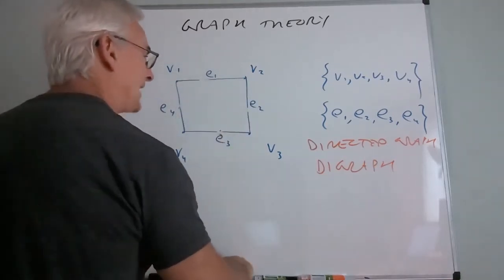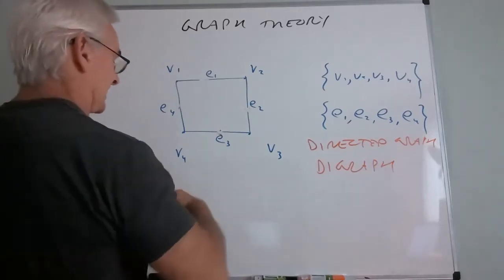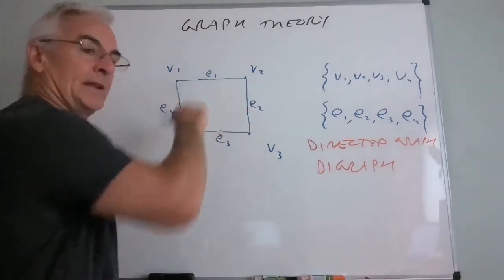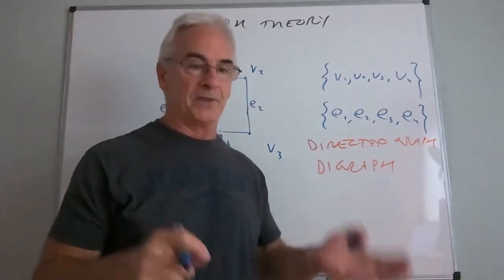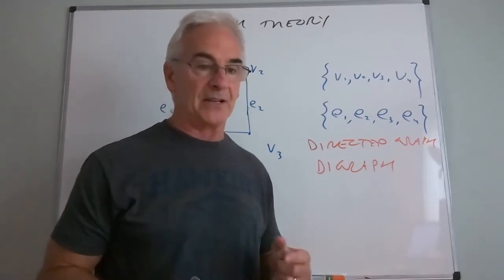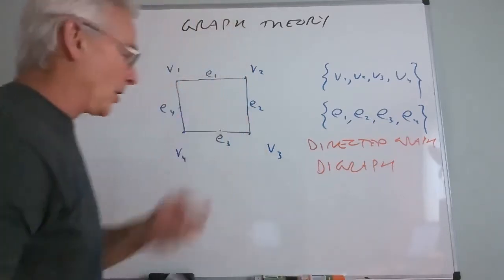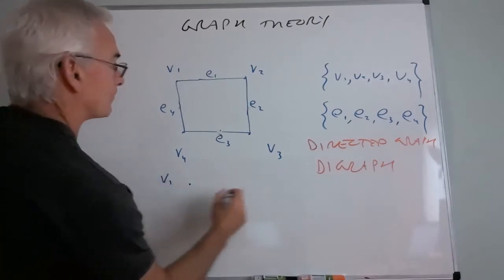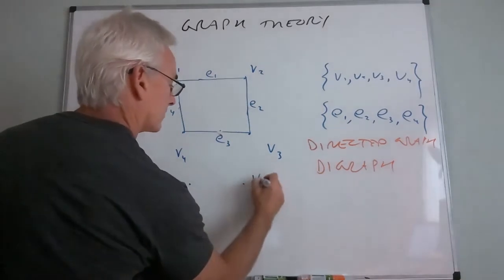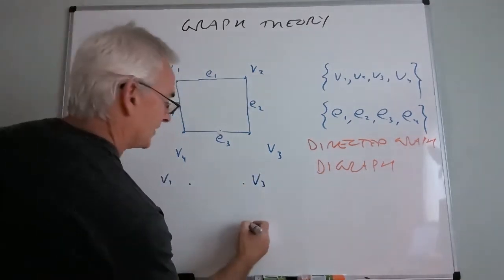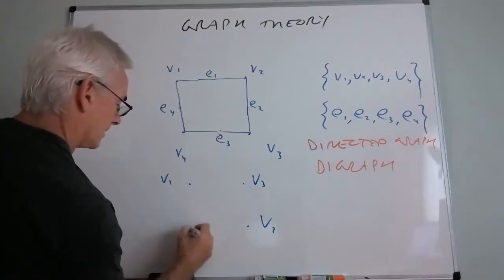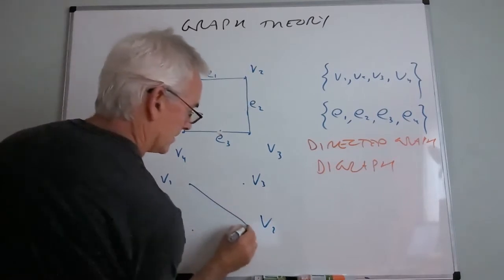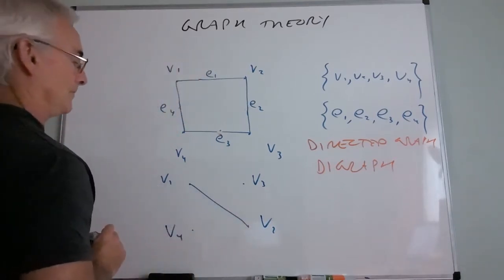So could I draw a different picture that represents exactly the same thing? In other words, E1 is connecting V1 and V2, and so on. Every one of these edges is very, very specific, okay? What if I did this? I'll put V2 down here. And now I have V1 still connected to V2.